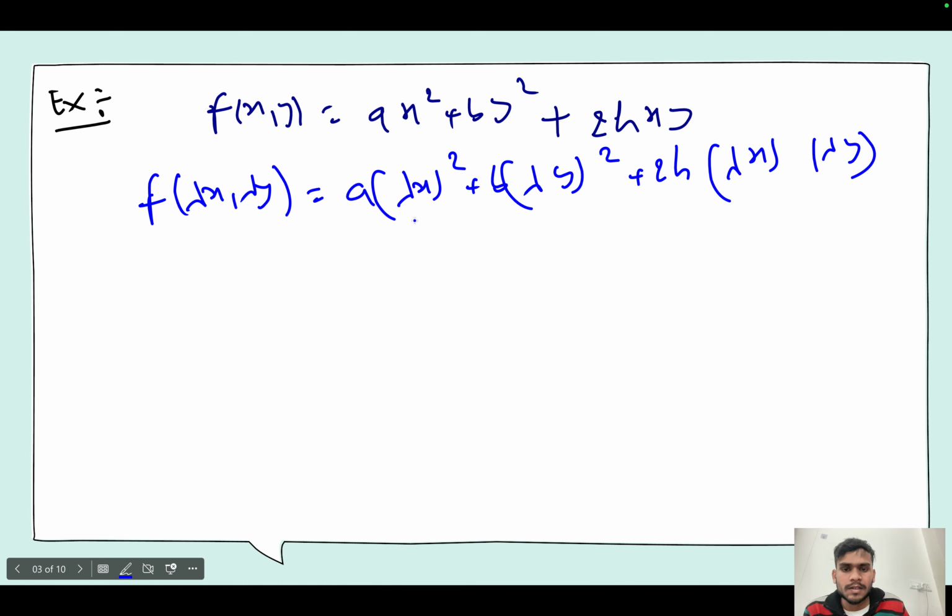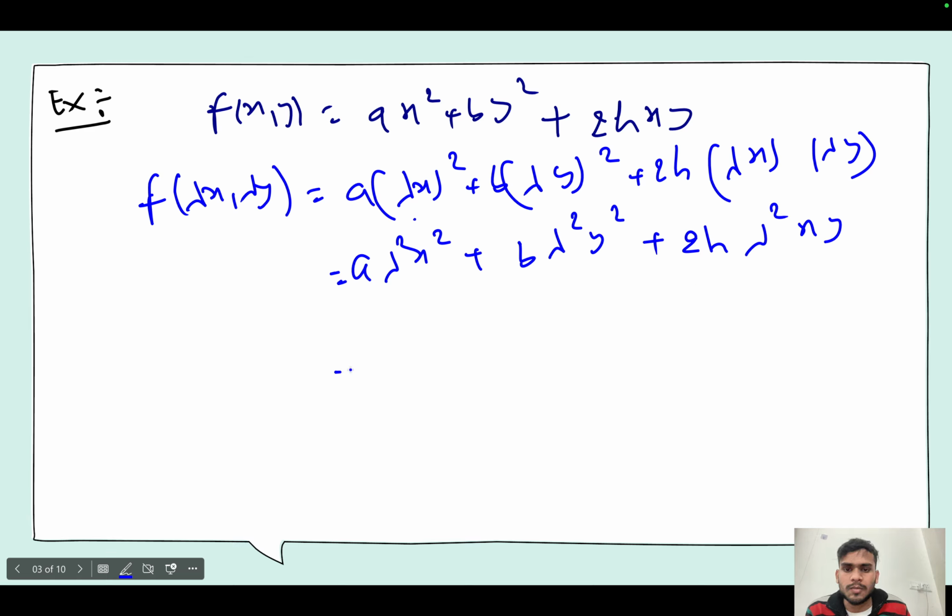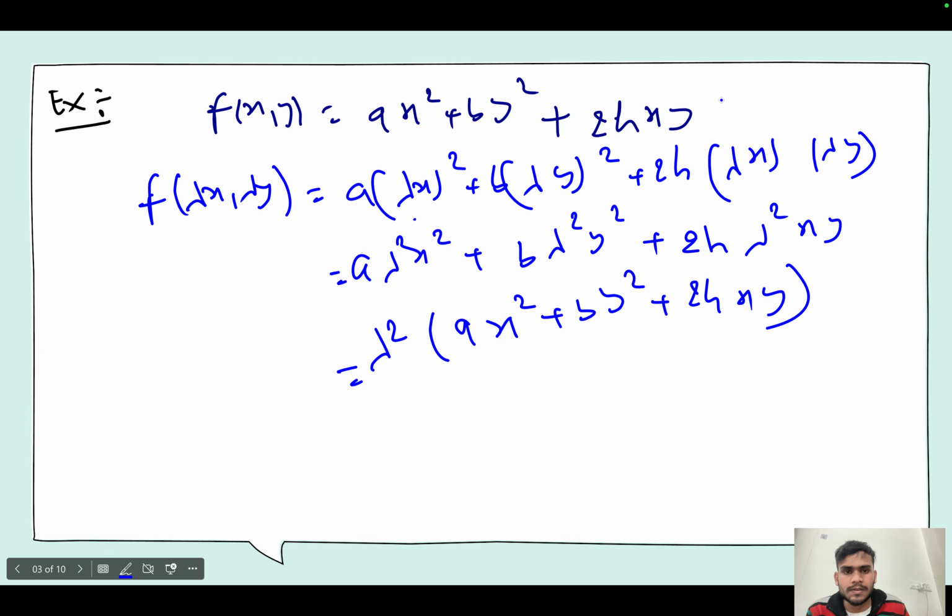As you can see, this is aλ square x square plus bλ square y square plus 2hλ square xy. Taking λ square common, we get ax square plus by square plus 2hxy, which is nothing but our function.